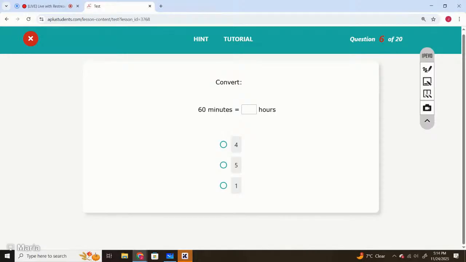60 minutes equal how many hours? 60 minutes equal 1 hour.